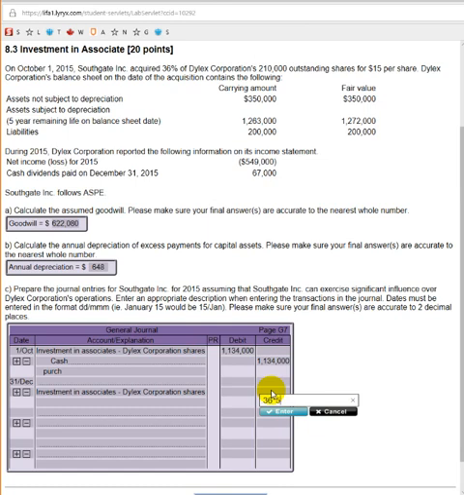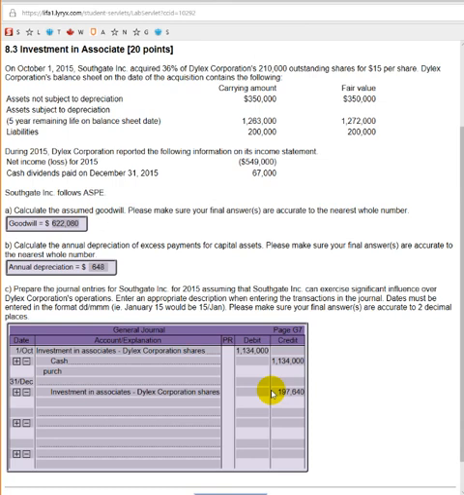So 549. That doesn't seem right. 36 times 549. We own 36% of the company, and they lost $549,000. Okay, something's not making a lot of sense for me here.